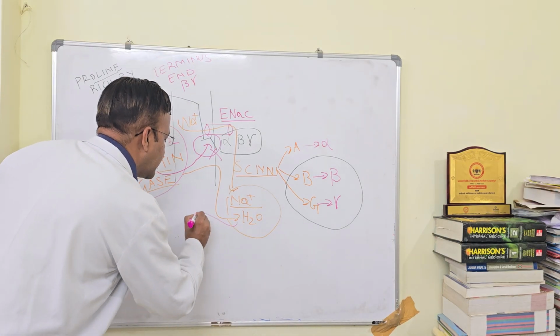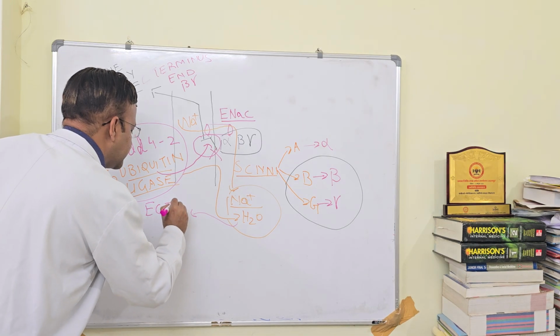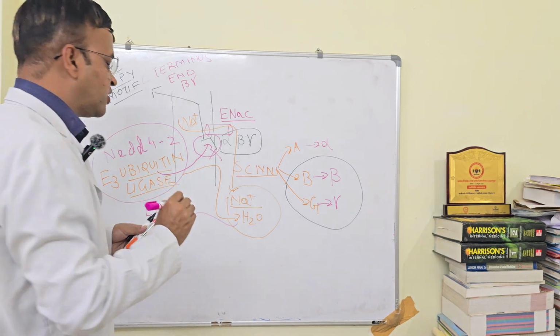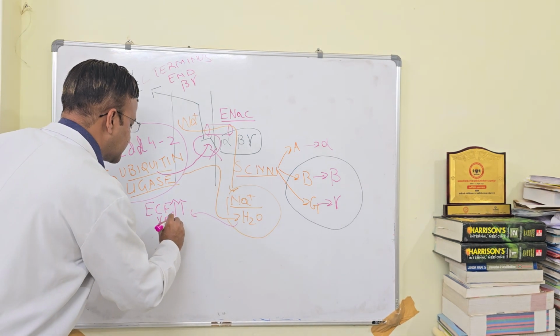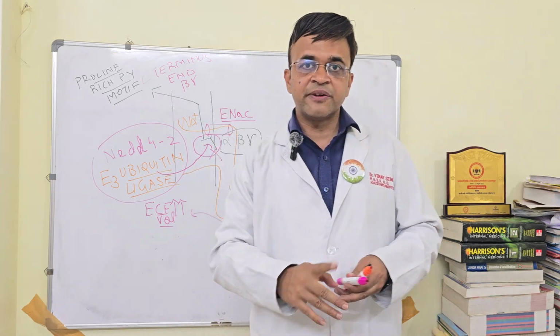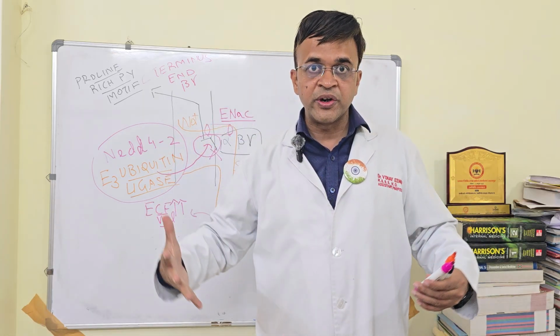It will lead to an increase in ECF. ECF will increase. If the ECF volume increases, suppose you have a lot of water inside your body, of course the venous return to the heart will increase because there is a lot of fluid inside the body.